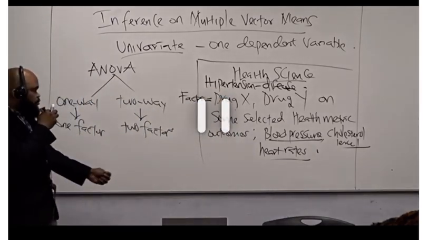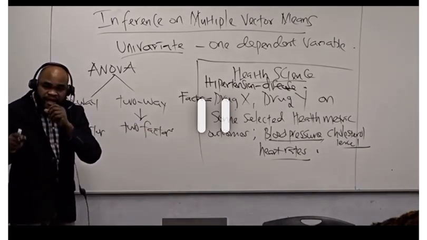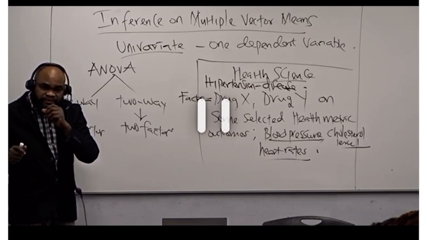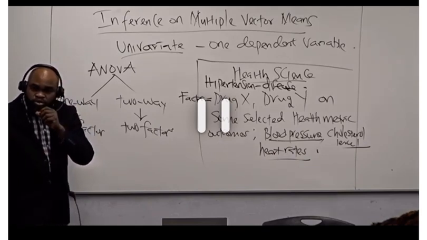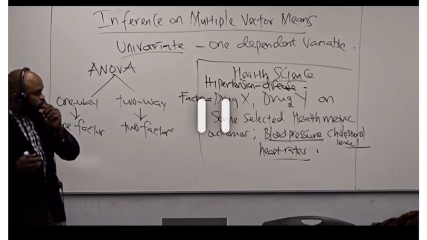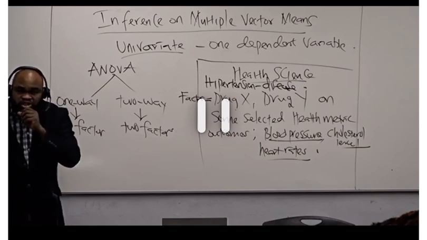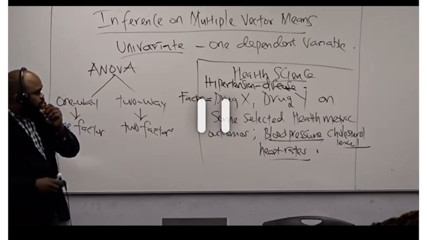So the idea of using multivariate analysis of variance is that, first, we are able to control the type 1 error rate. Number 2, it takes into consideration the correlation among the dependent variables.